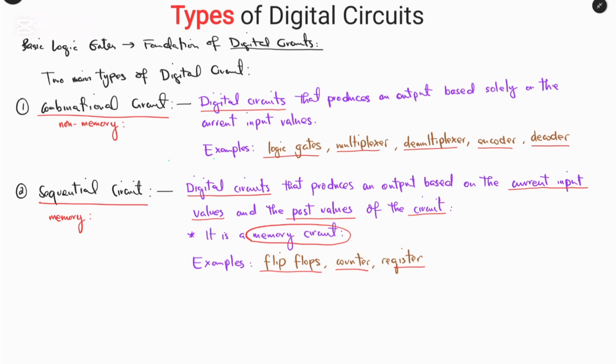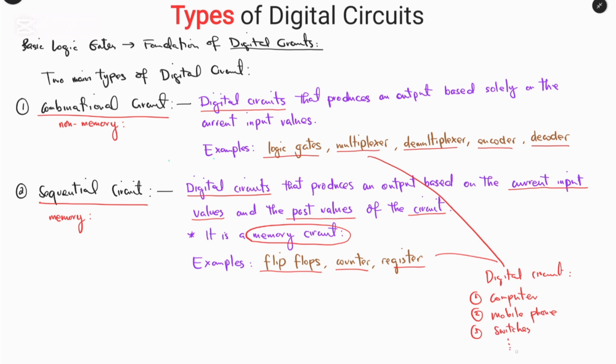And those types of circuits can mostly be found in digital devices such as a computer, your mobile phone, switches, and so on. These digital circuits are made up of combinational and sequential circuits.